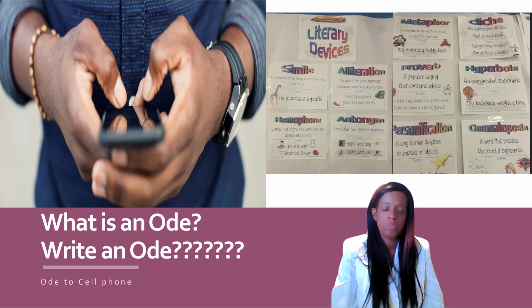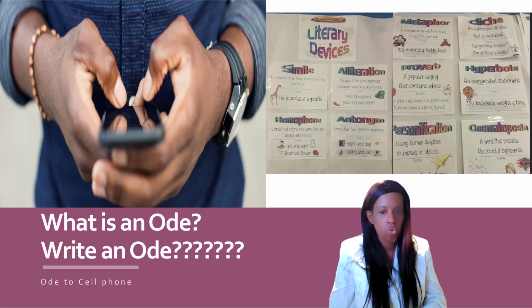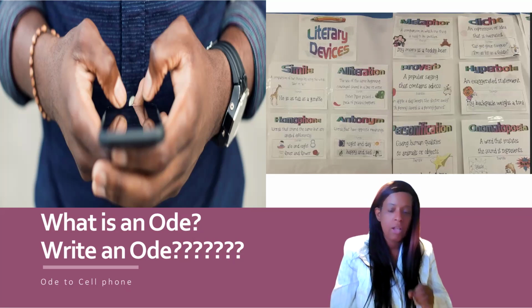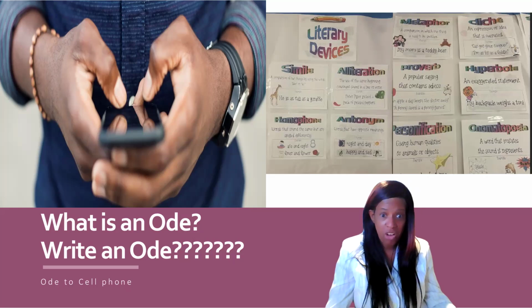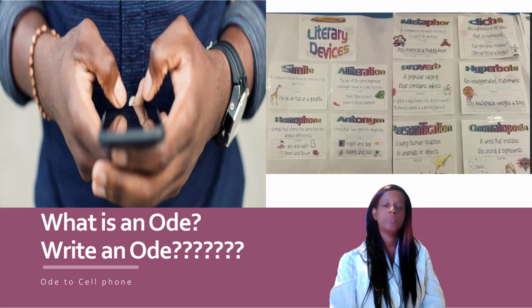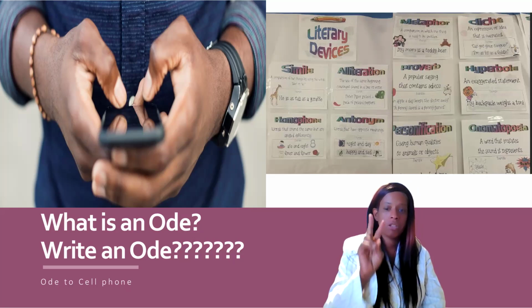So when you read the ode for the lessons that we're doing, you will see similes, you will see alliterations, you will see personifications, you may see some metaphors. You're like, teacher, what's all that? Similes is when we're comparing how many things? Two things.